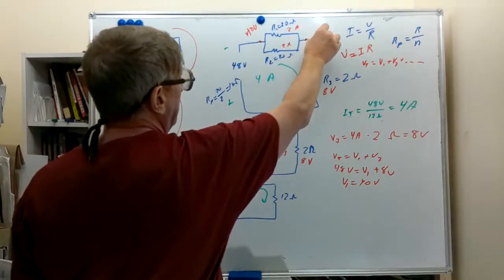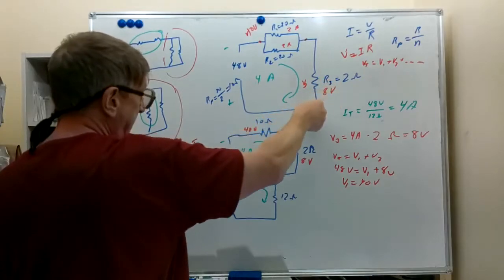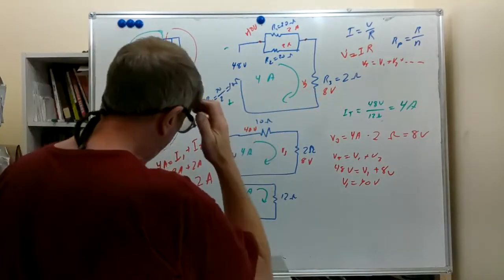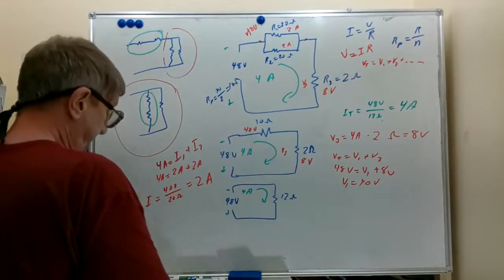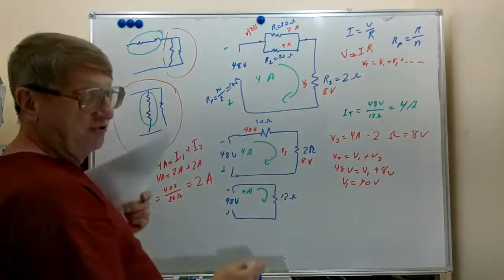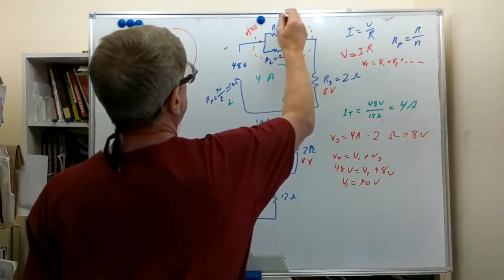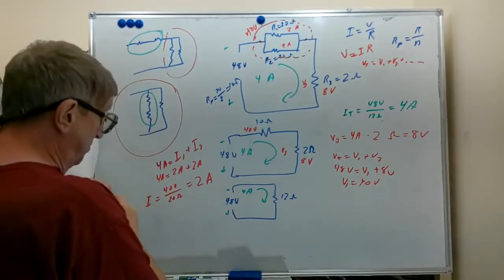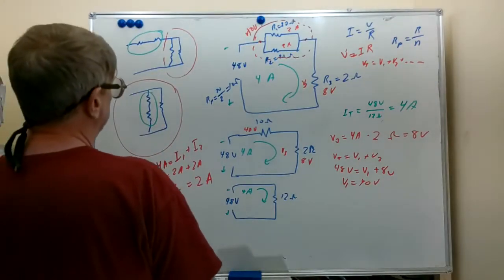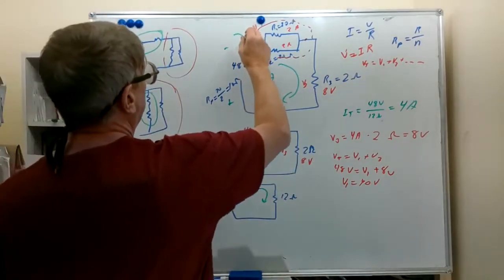It recombines, now it's 4 amps, through the R3 and on back to the supply. Now that I'm done scribbling in this drawing, I'm going to put a red circle around what I'm calling the parallel portion, and a green circle around the series portion.